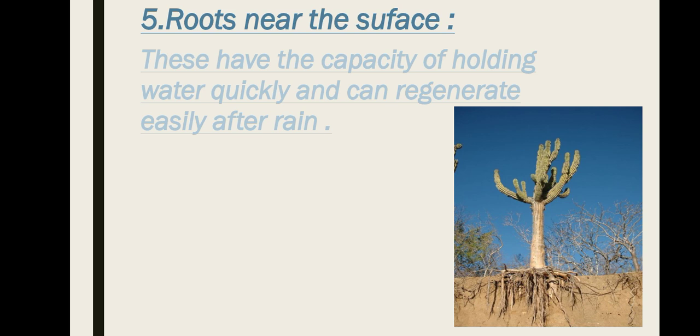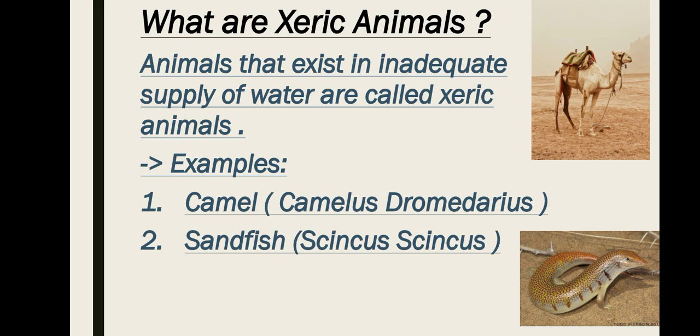Be it the presence of spines instead of leaves on the surface of the cactus plant, be it the presence of certain specialized cells inside the plant with water holding capacity, be it the presence of waxy covering or waxy hair on the leaves, or be it the roots near the surface, the whole purpose is to hold water inside the plant as much as possible.